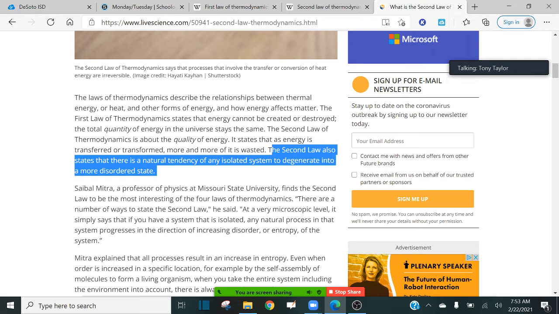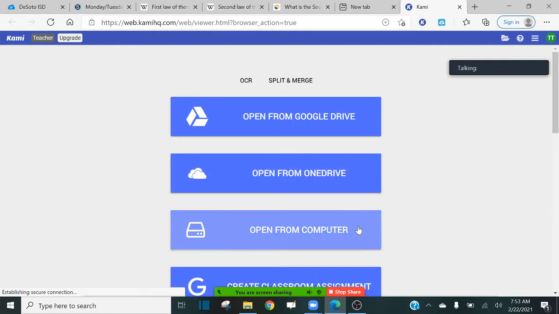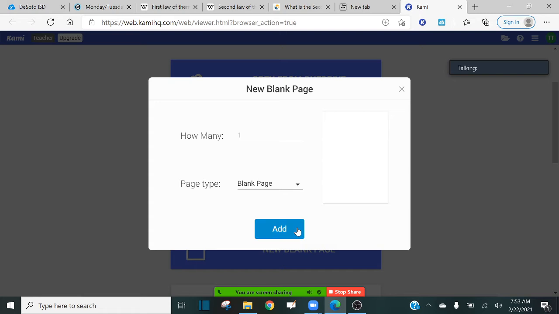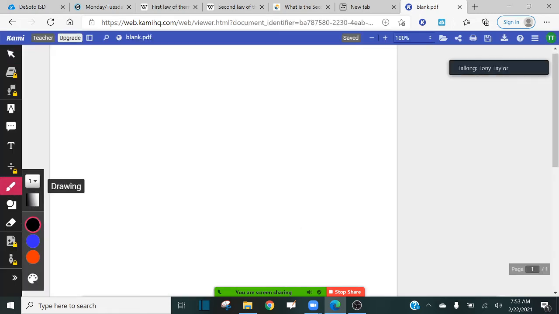Another name for this law, guys, and let me write this down. Another name for this law is the law of entropy. So let me write this down so you guys know what this means, and then I'm going to explain it.